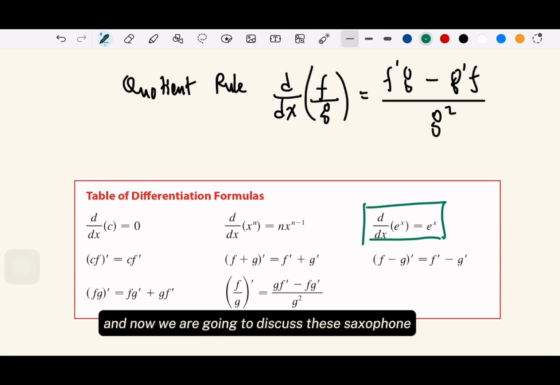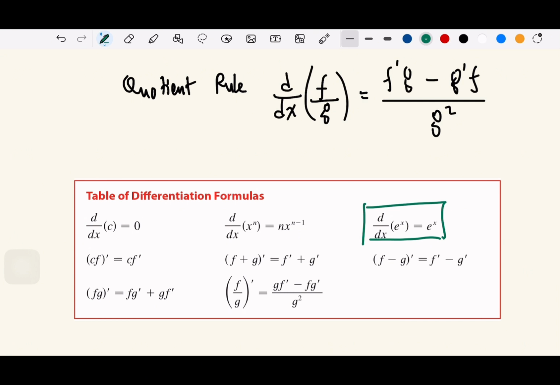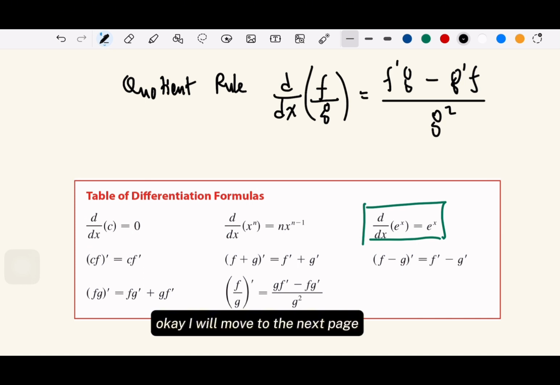Okay, now we are going to discuss this exponent. I will move to the next page.